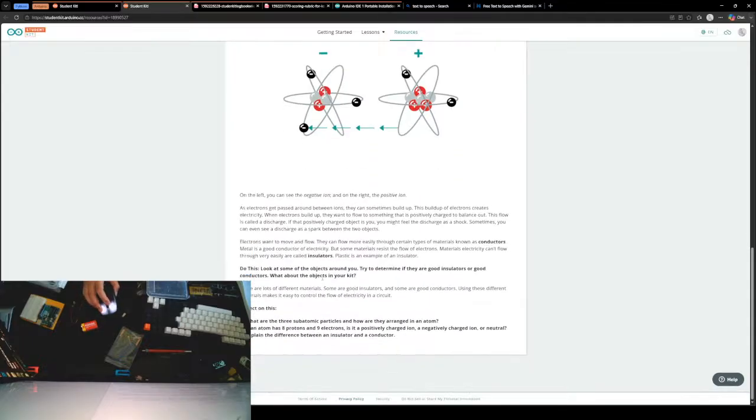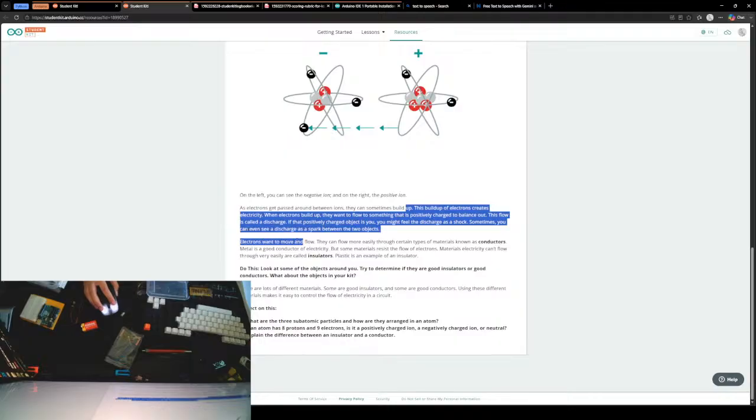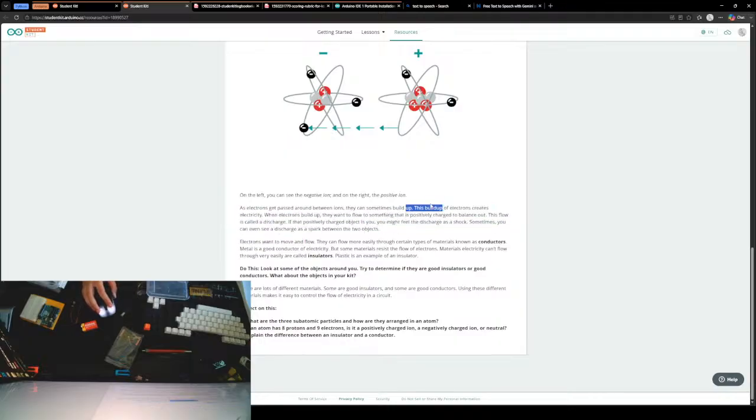Transferred its electron. As electrons get passed around between ions, they can sometimes build up. The buildup of electrons creates electricity. When electrons build up, they want to flow to something that is positively charged to balance out. The flow is called discharge.